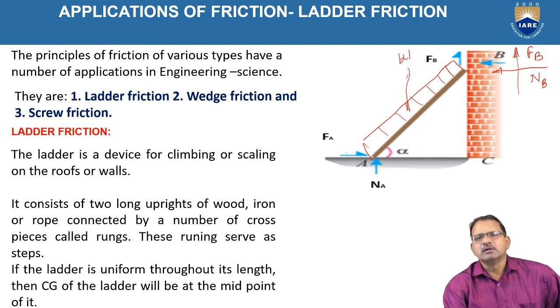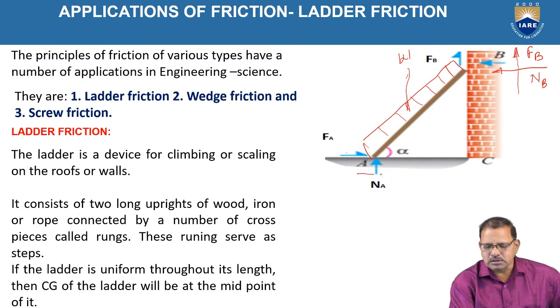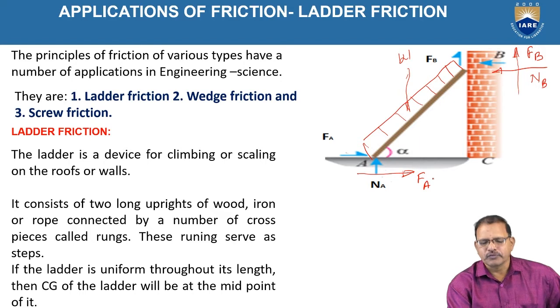And at end A, since the end B is moving in a downward direction, the end A always moves away from the vertical wall. To prevent its motion, the frictional force is acting toward the right side. So this is treated as the friction force acting at point A, FA.